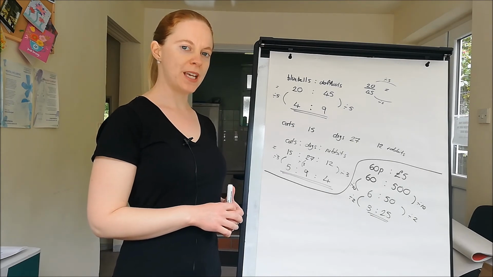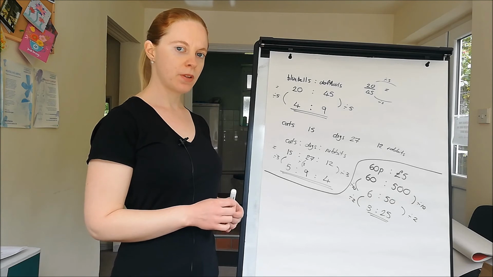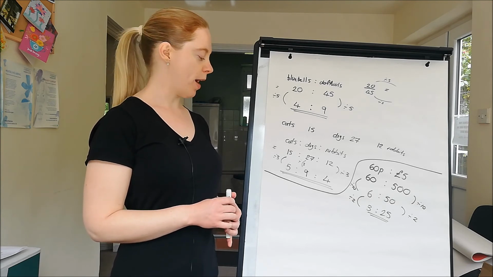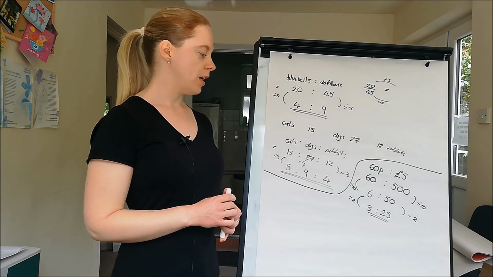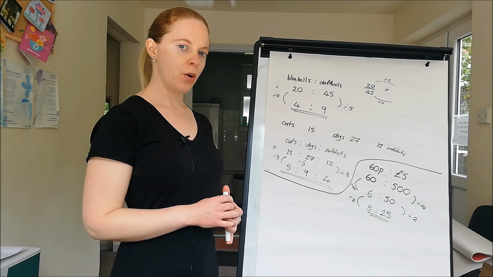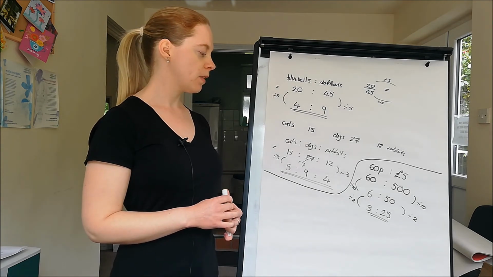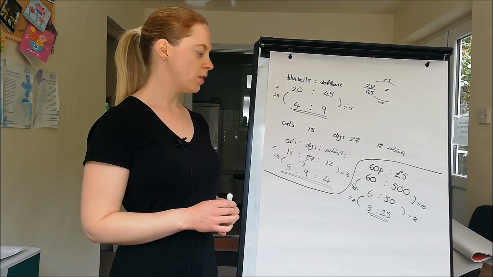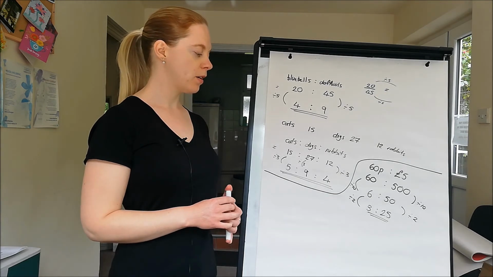So if you put, e.g., in a recipe, 200 grams of butter is to be mixed with a kilogram of flour. What is the ratio of butter to flour?